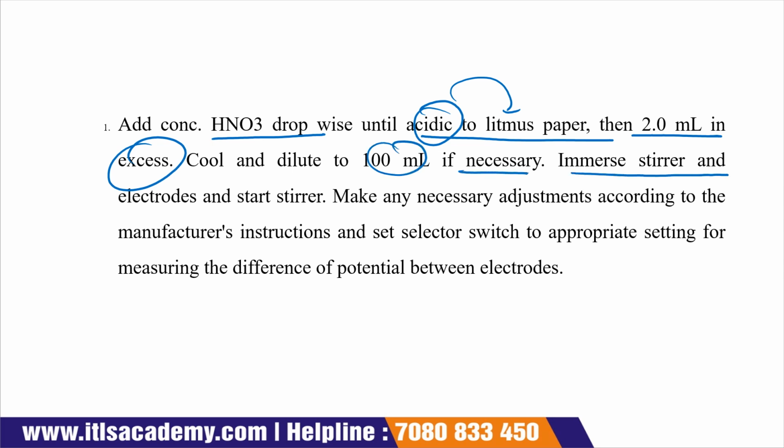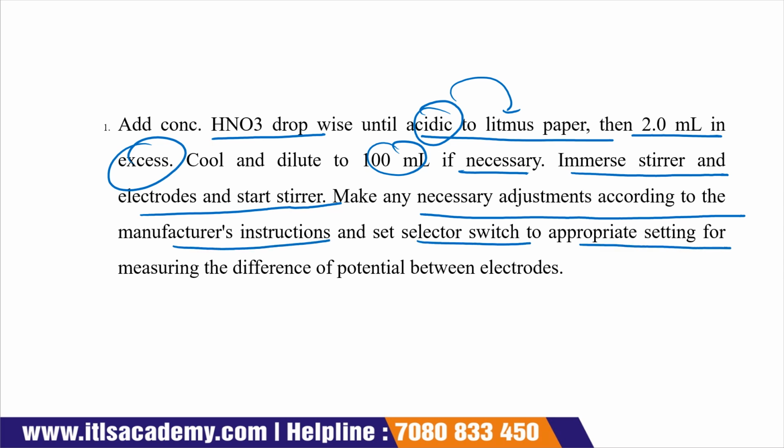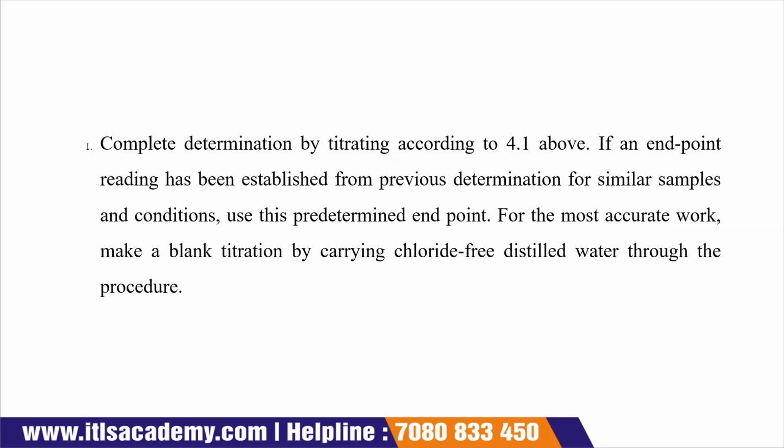Then immerse the stirrer and the electrode and start the stirrer. Make any necessary adjustment according to the manufacturer's instructions and set the selector switch to the appropriate setting for measuring the difference of potential between the electrodes. Complete the determination by titrating accordingly.